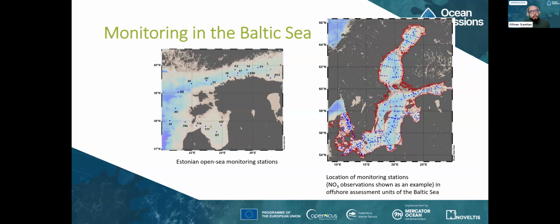On the right, you can see the NO3 parameter that I took from the ICES database, the same database HELCOM uses to make the assessments. Here you can see the positioning of the stations, for the period of 1993 to 2021. And as you can see, there are big areas where there is no data. So obviously Copernicus data could come in handy here.